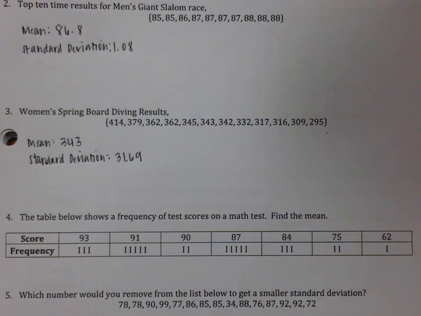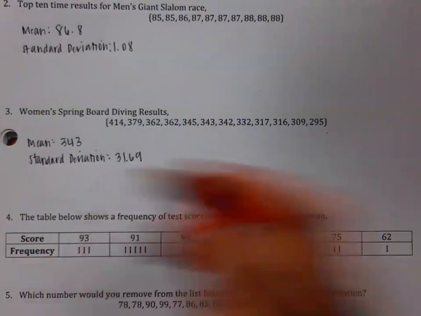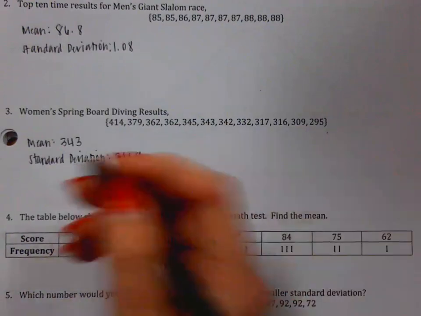So you can do that in your calculator if you want to, or you can do it by hand as well. I don't always like to type it into my calculator, into the stats one. So I actually just did this one by hand.